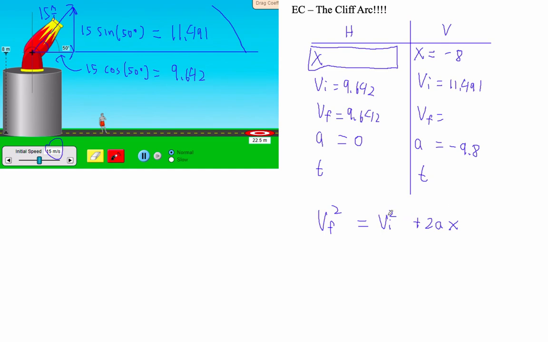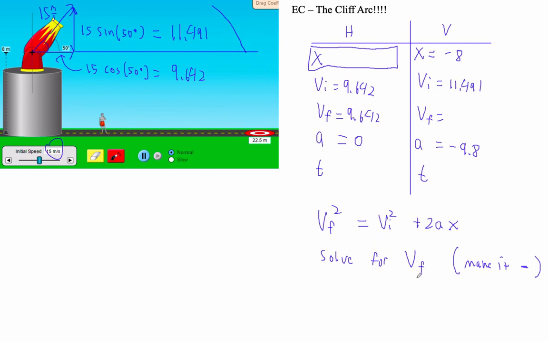Use this to solve for the final velocity. Now be very careful. When you solve for this, it'll be a positive number. But we know that it's not positive, so make it negative. You just have to do that because you're solving for the square root of a square.